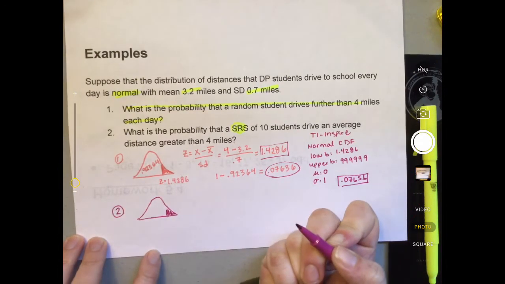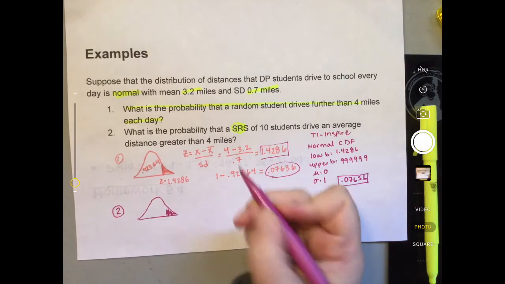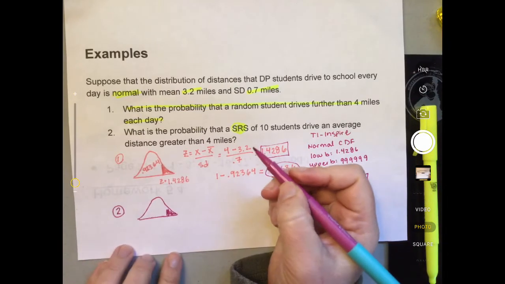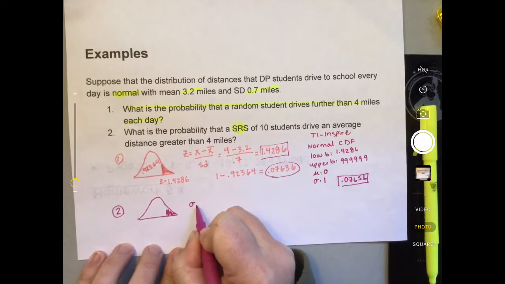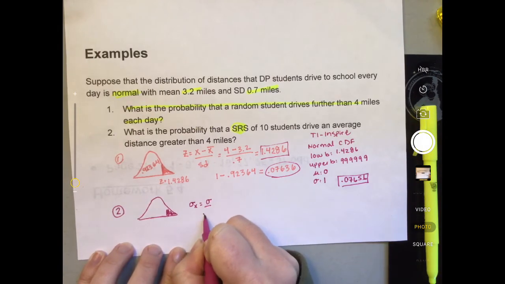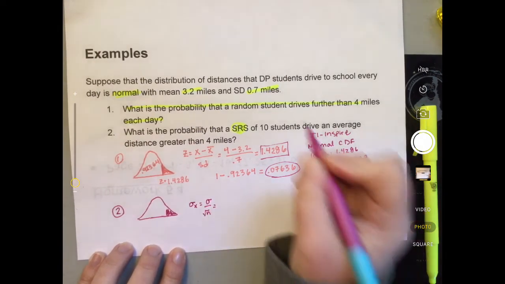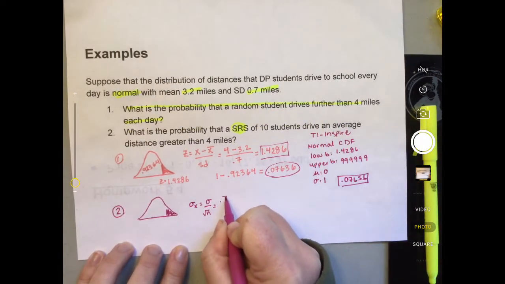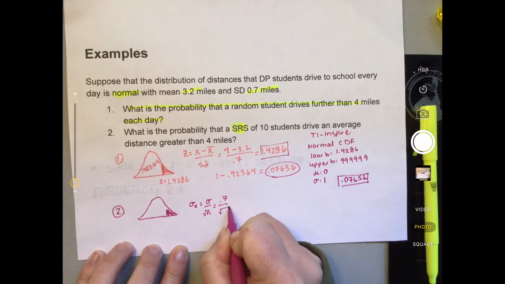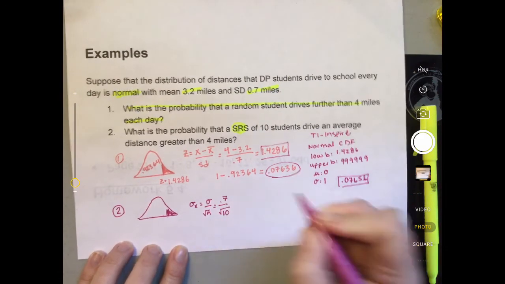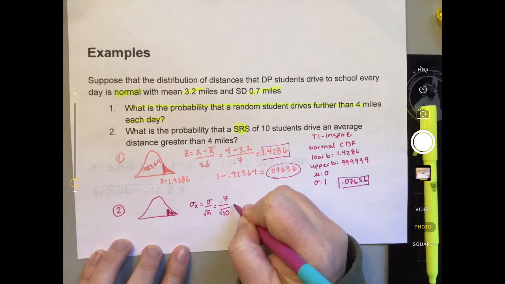Why? Because we have a different standard deviation because of this SRS. So I first want to calculate our new standard deviation. All you do here is take the previous standard deviation and divide it by the square root of n. And n is 10 here.